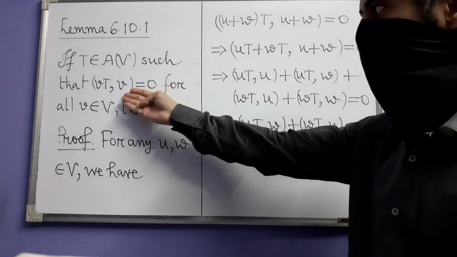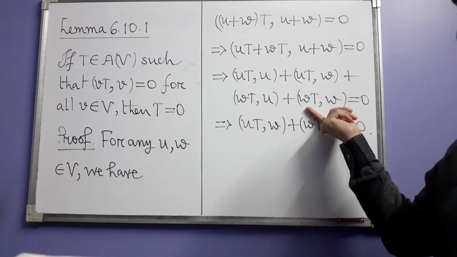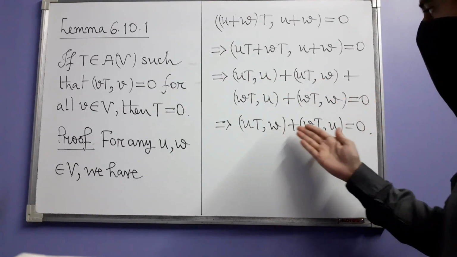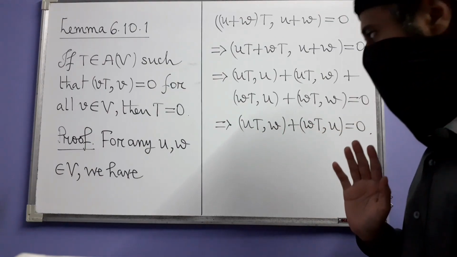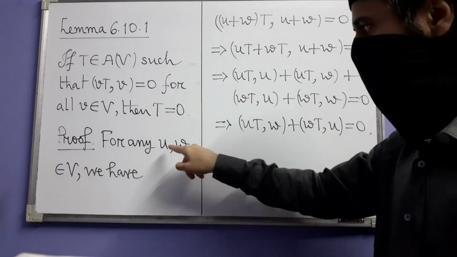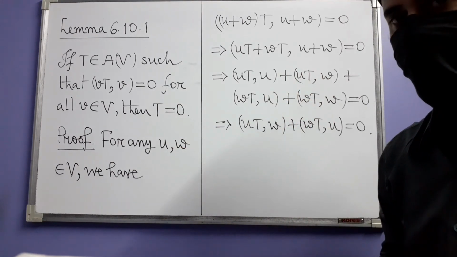Now again you use this fact here. This will be 0, and similarly this will also be 0, leaving us with (uT, w) plus (wT, u) equal to 0. Note that this thing is true for any u and w, and now we are going to use this fact.